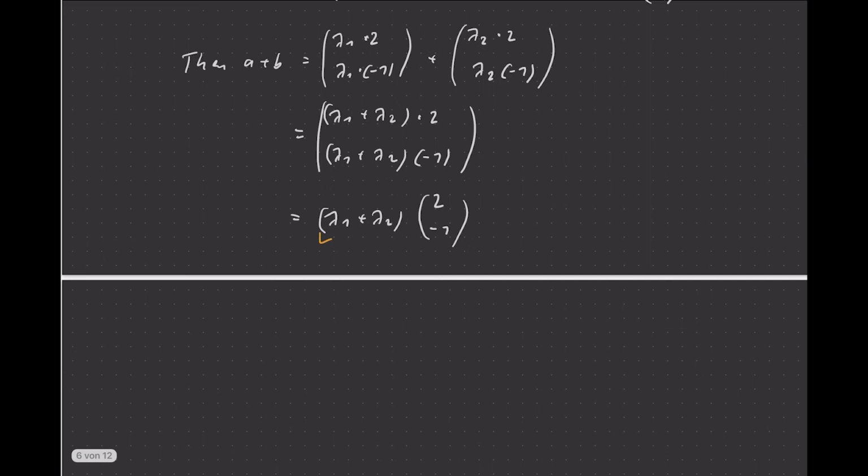And that factor here is lambda 1 plus lambda 2. That is contained in the reals. So that means A plus B does have the form required for being in V. So that confirms that this vector actually is contained in V.